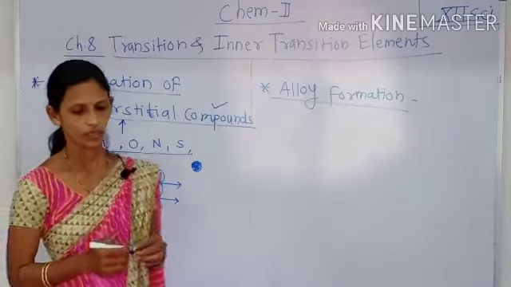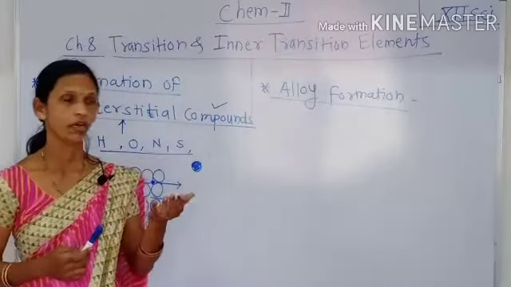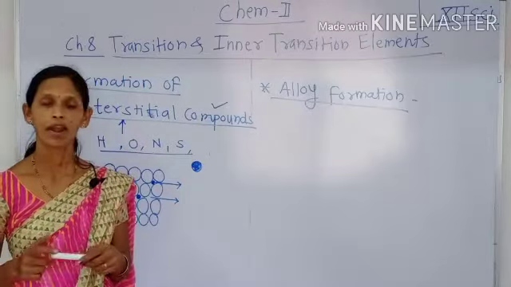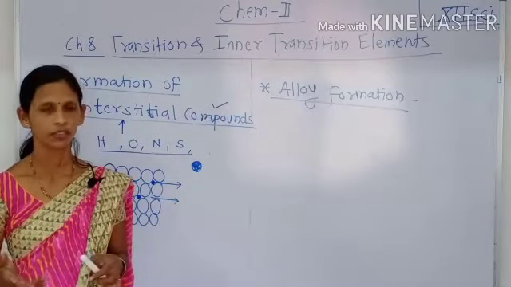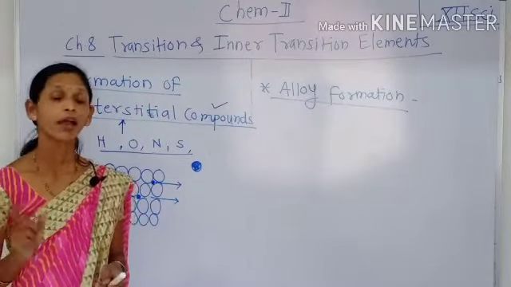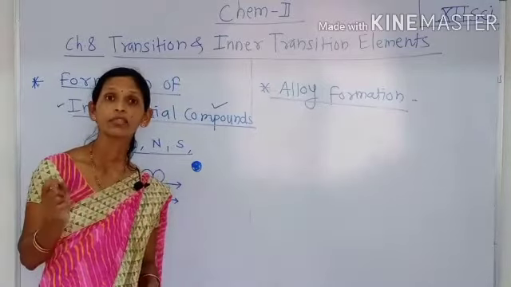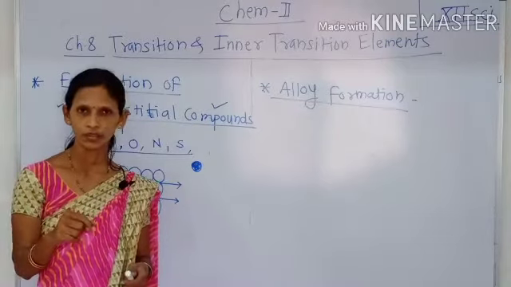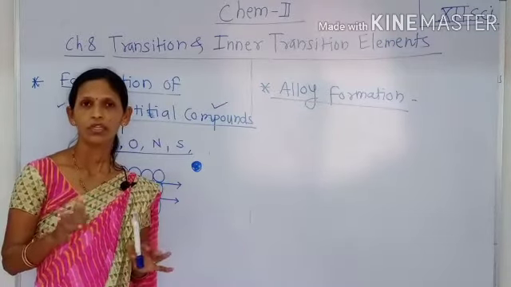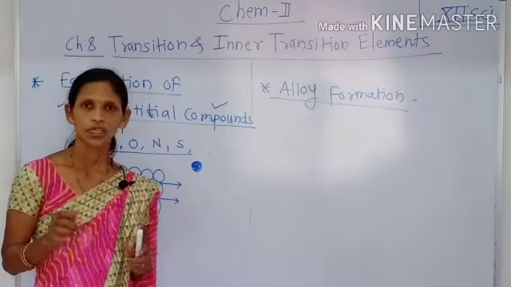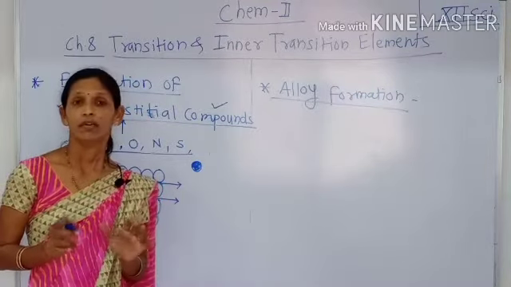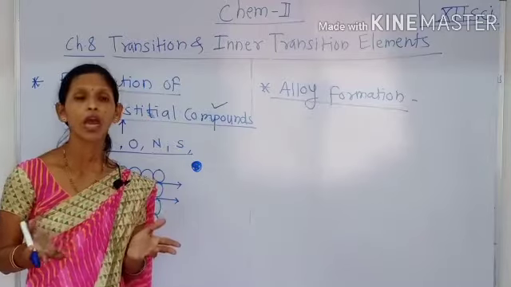When these compounds are formed, the original properties of transition elements change. For example, iron is soft and reddish in color, but when carbon is added into it, the interstitial compound formed makes iron harder.